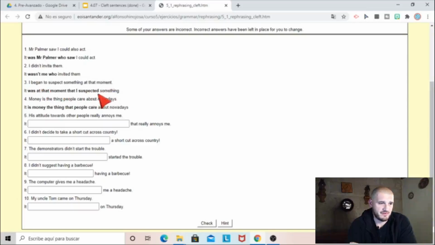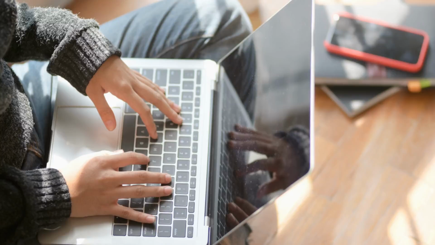But here they've given you a different answer. Money is the thing people care about nowadays. It is money that people care about nowadays would have been a better answer, but they included the thing that, which I don't really like. So these two answers are not particularly great. So I want you to finish 5, 6, 7, 8, 9, 10. Okay? Finish the activity and I will see you in a moment.